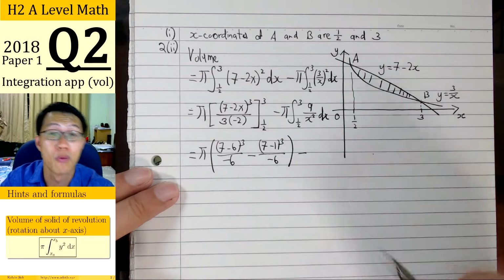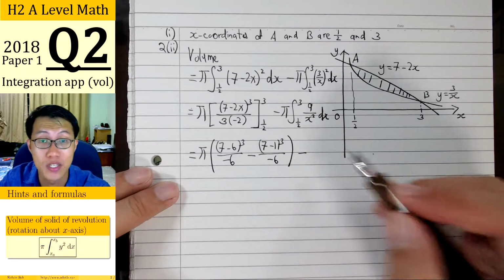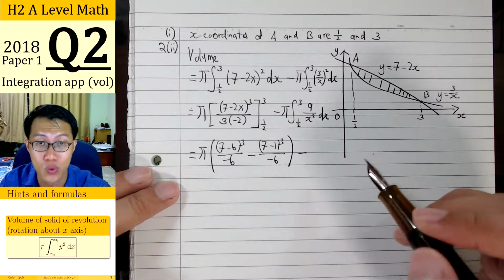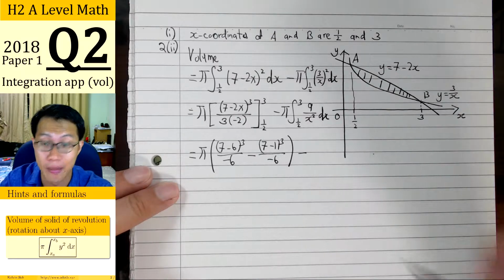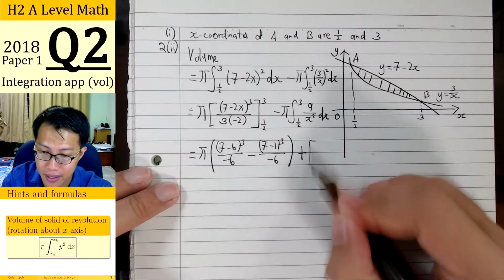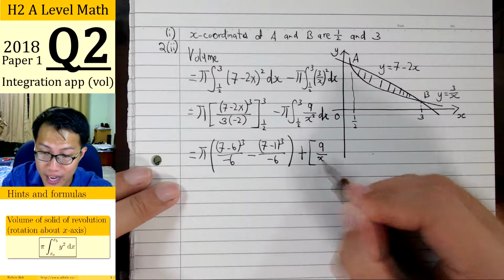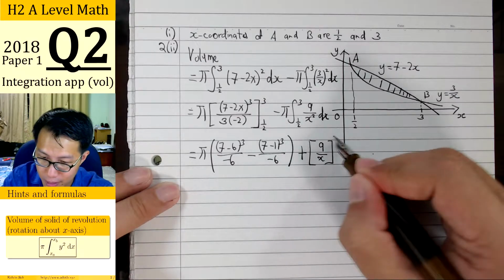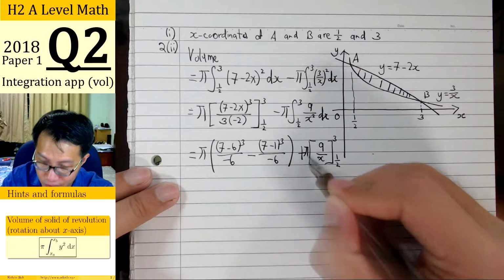Now we proceed to integrate 9 over x squared. 1 over x squared is x to the power minus 2. Integration of x to the power minus 2 is, we bring up the power to get power minus 1, divide by minus 1. So this minus sign will become a plus sign, and the power is minus 1, which is our final answer, 9 over x. We have the limits of 3 and half, not forgetting our pi over here, of course.